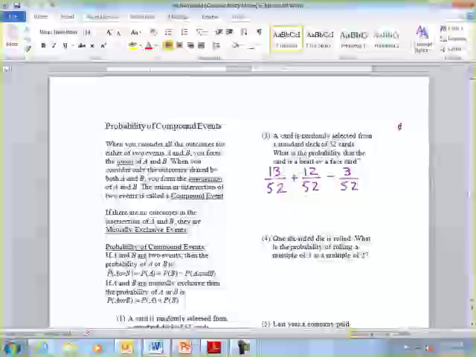So this is not a mutually exclusive problem because it is possible that a card can be both a heart and have a face on it. So these are not mutually exclusive. So then we can add together, get 25 minus 3 is 22 then out of 52, or 11 out of 26.